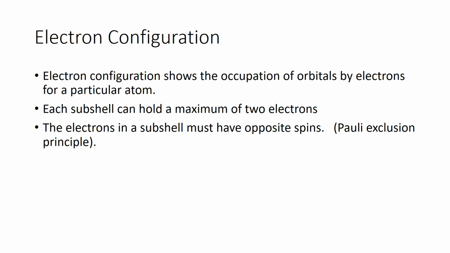Electron configuration shows the occupation of orbitals by electrons for a particular atom. Each subshell can hold a maximum of 2 electrons, and the electrons in a subshell must have opposite spins. That's the Pauli principle.